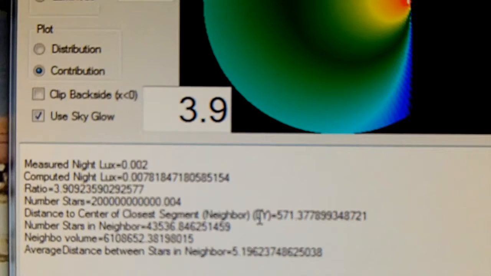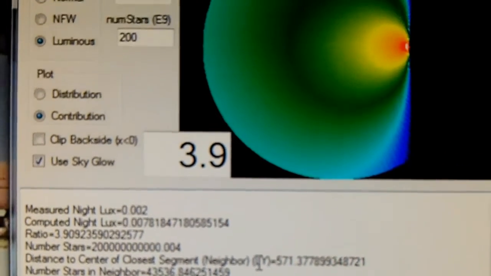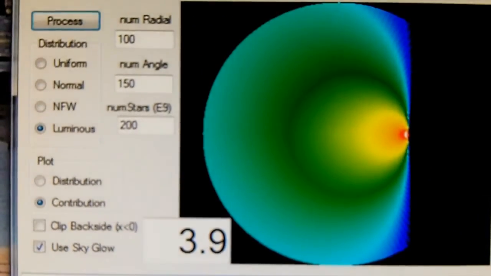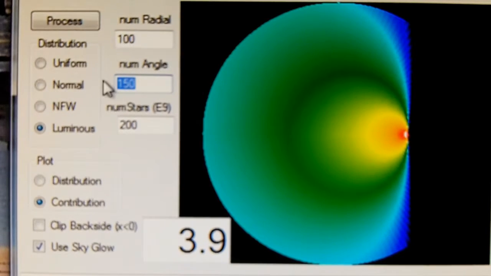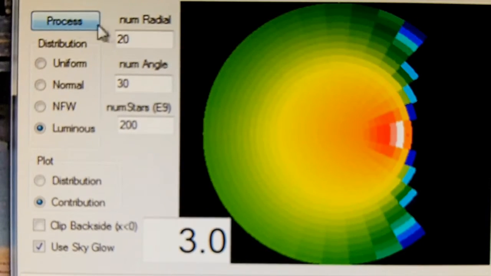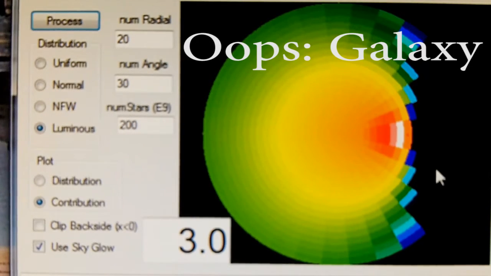Okay, hold on, I have to move the camera up. This is how we're dividing up all the little segments. Remember, I can put fewer in here, maybe 30 angular and 20 radial segments. You can see how these are all the little segments of how the integration process is dividing up the universe.